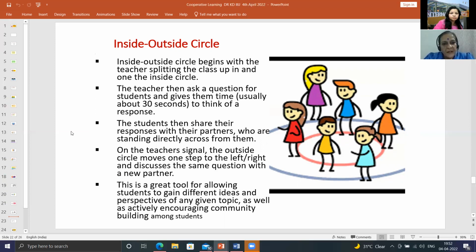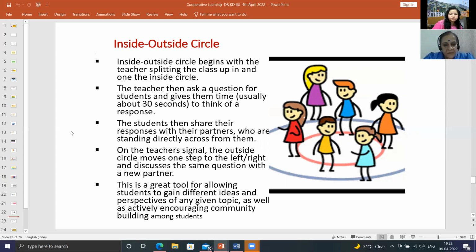Then the teacher asks a question and gives students time, usually about 30 seconds, to think of a response. The student then shares their response with their partner standing directly across from them.